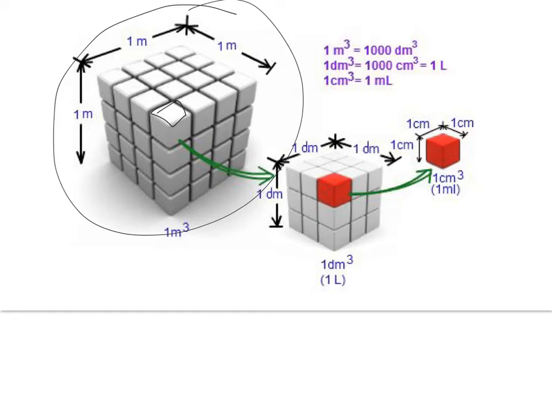So a decimeter is going to be smaller. That's what this dm is, a decimeter. And then you can think of a centimeter. There are 100 centimeters in 1 meter. So 1 meter cubed is going to have 100 cubic centimeters in it, okay? And don't worry too much yet about this last conversion factor.